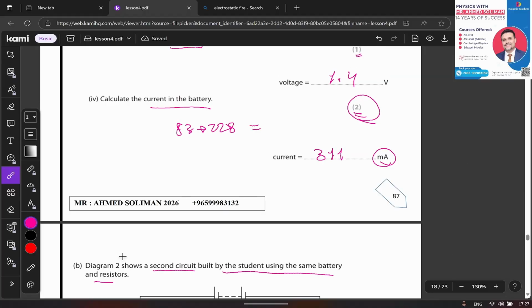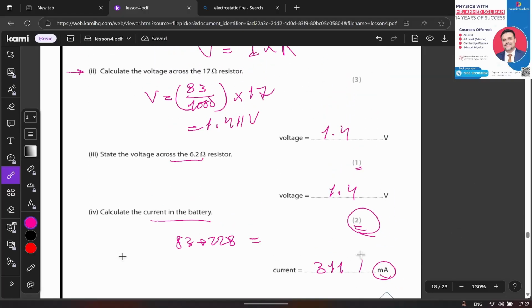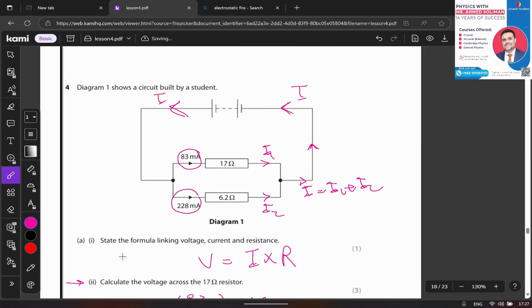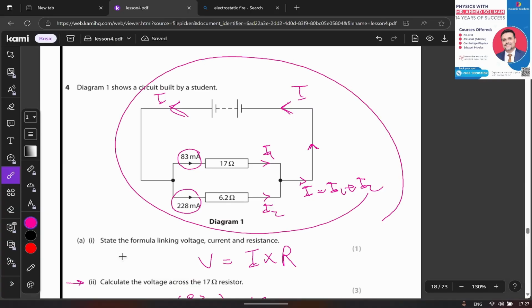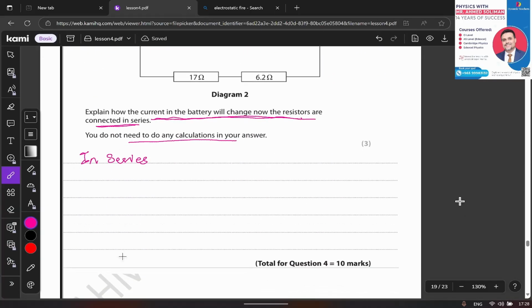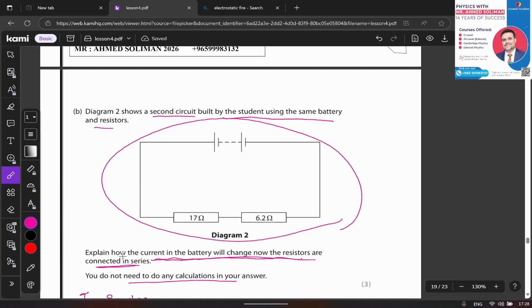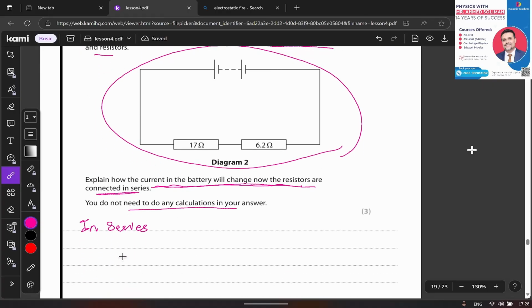So the total current here is 311, right? This is the total current in this case. What about the total current in the new case? Is it the same or changed? It's the same because it's the same battery. No. In series, the total resistance, 17 plus 6.2, will be larger.